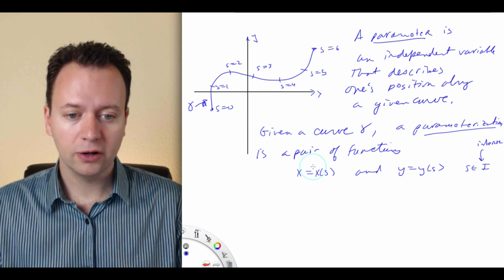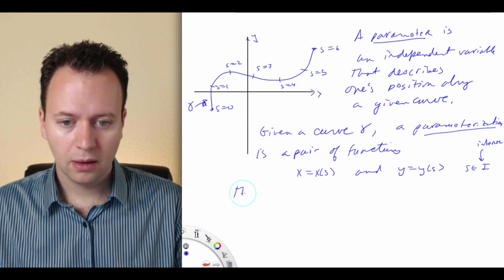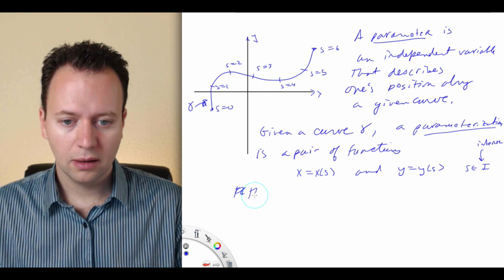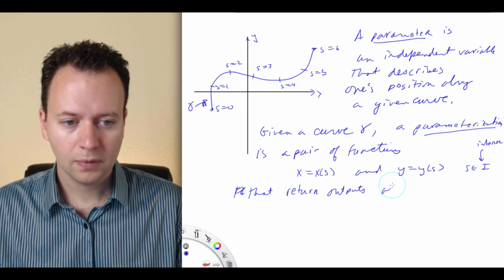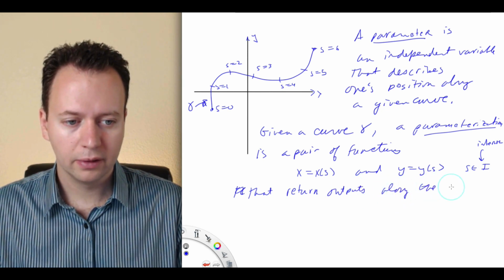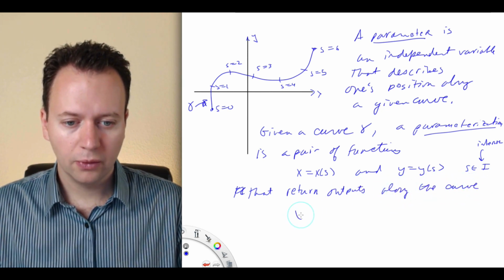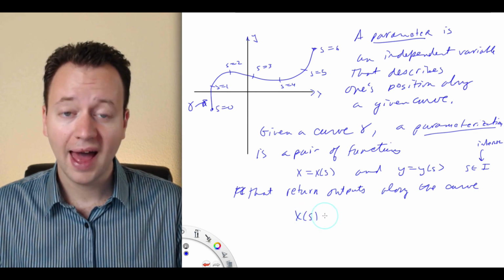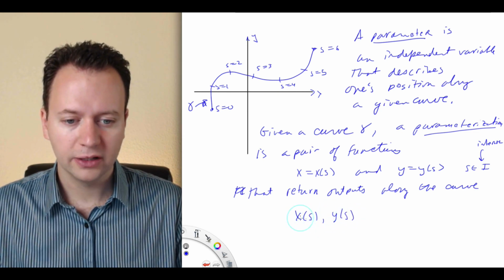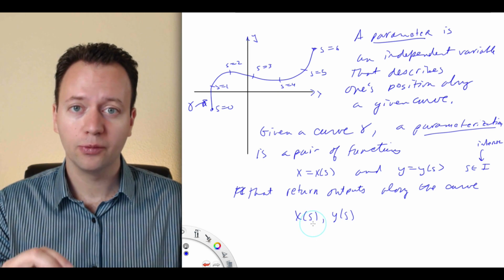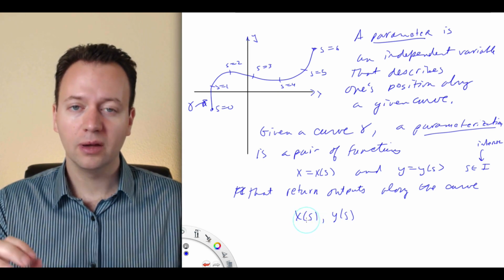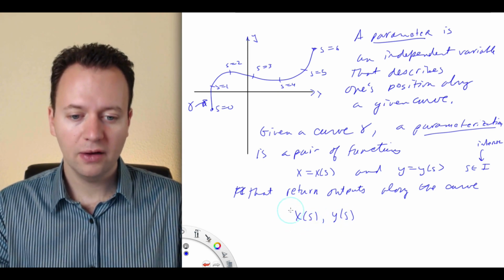So it's a pair of functions, let's say, that return outputs along the curve. In other words, when we look at the output of the function x and the function y, for a particular value of the parameter s, we compute x of s and y of s.